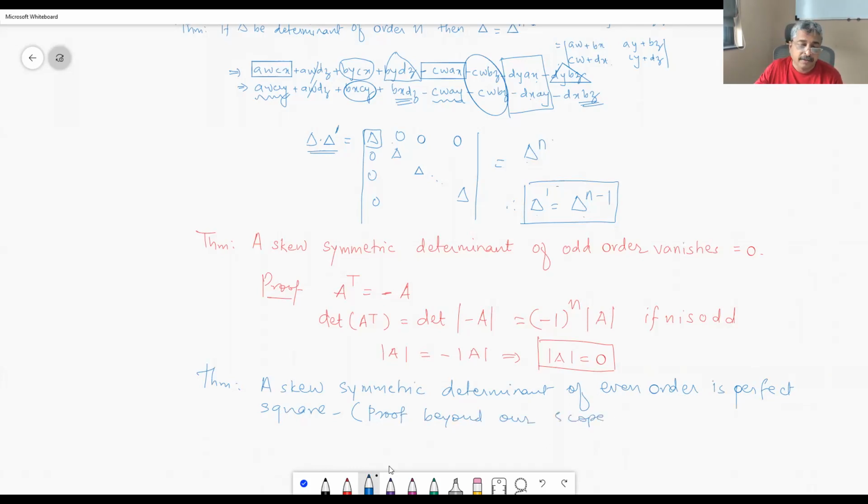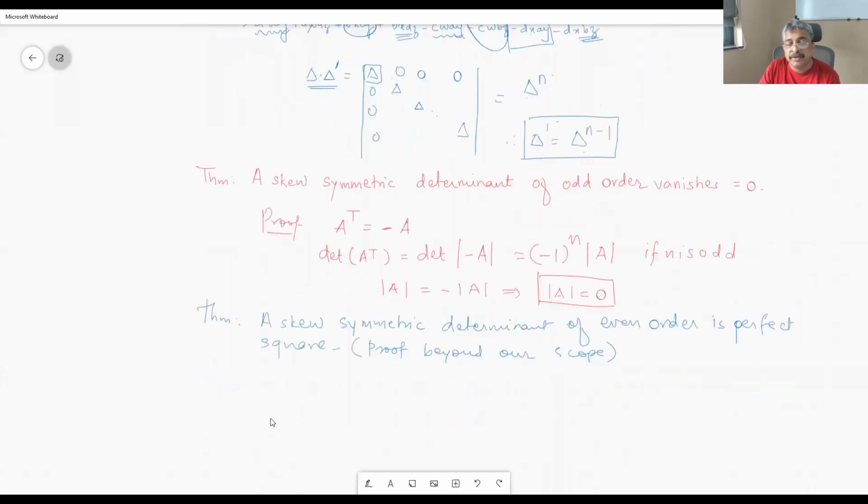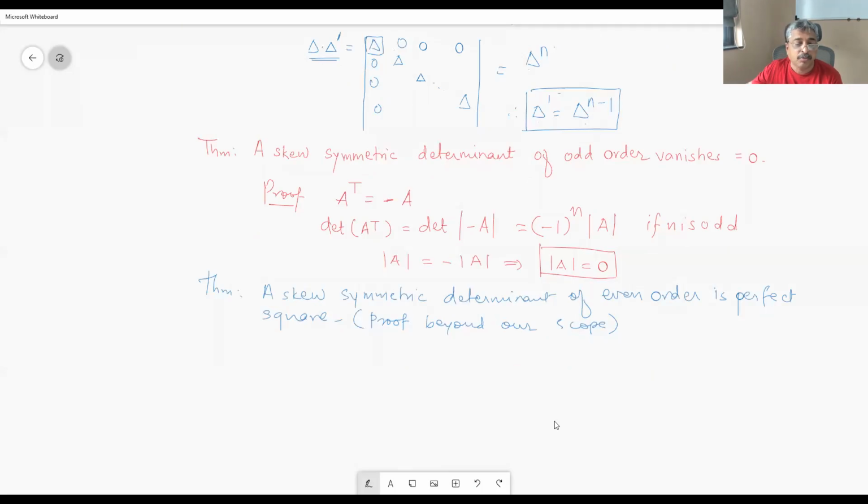Maybe you can cross check. We will cross check skew symmetric determinant of even order. Easy to cross check 2 by 2: 0, 5, minus 5, 0. Of course, it is going to be 5 square. Difficult to prove at this stage.